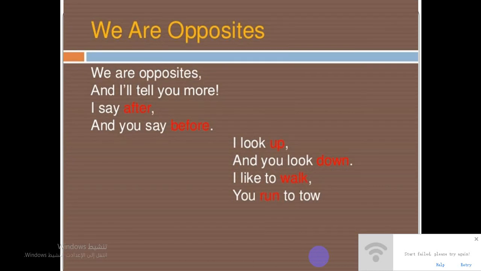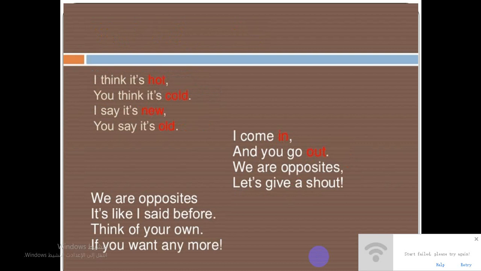We Are Opposites. In this activity, I'll tell you more. For example, I say after and you say before. Another example, I think it's hot, you think it's cold. I say it's new, you say it's old. So we are opposites.